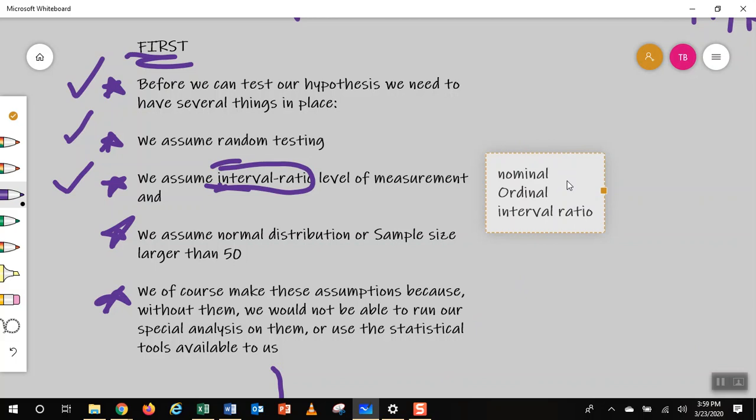So as a range from top to bottom, this one was the most statistical or mathematical, and nominal was basically in name only.